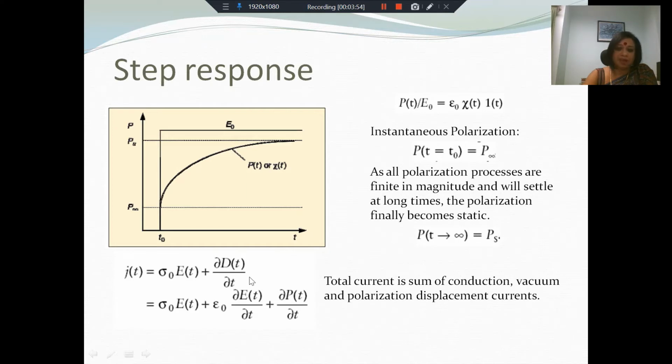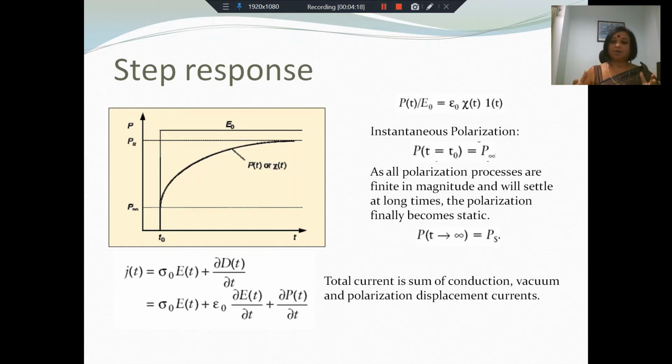Now, this displacement current in reality comprises again of two components. What are these? Epsilon naught del E del t. If you remember, D is equal to epsilon naught E plus P. So the flux density comprises epsilon naught E, which would be the flux density if there was no polarization, where epsilon naught is the permittivity of free space.